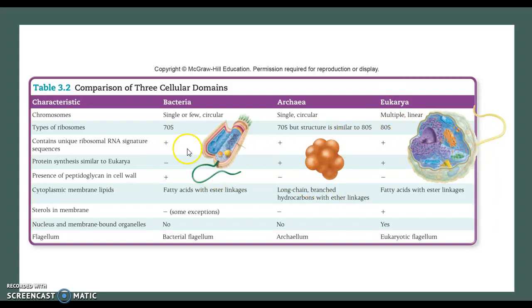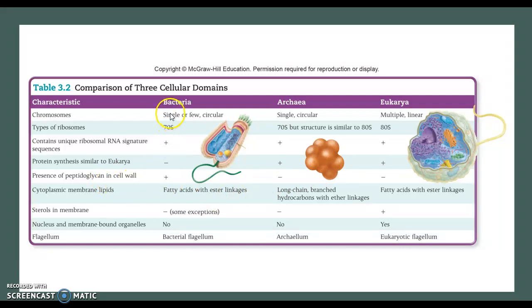All three cell types contain unique ribosomal signature sequences. Protein synthesis is similar to eukarya in the archaea. Bacteria produce proteins in a unique way to eukarya and archaea.